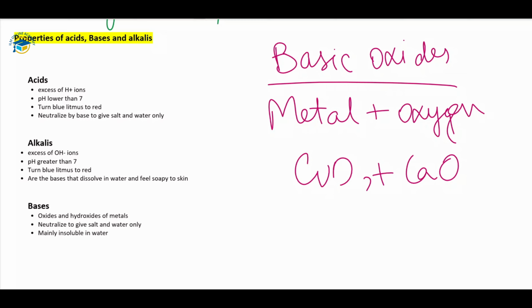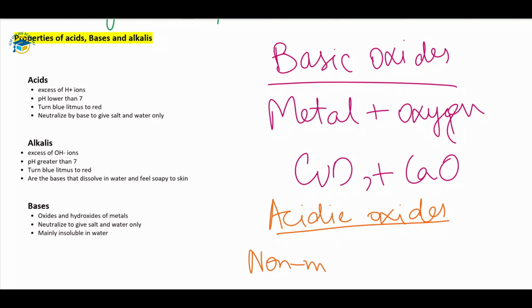Next, the acidic oxides are formed when non-metals combine with oxygen. In the case of a base, we have a metal, and in the case of acidic oxides, we have a non-metal that combines with oxygen, and when they dissolve in water, they produce an acidic solution.